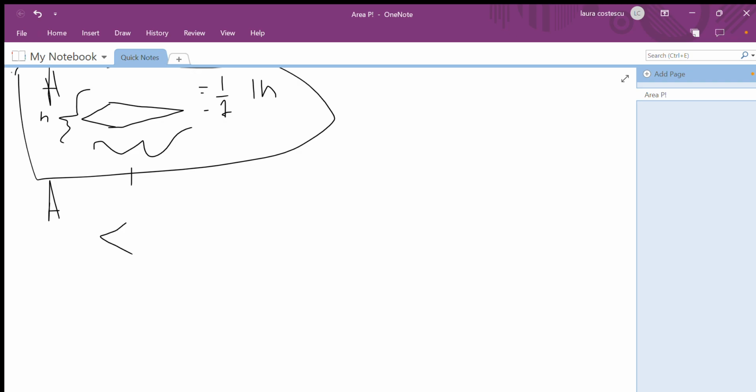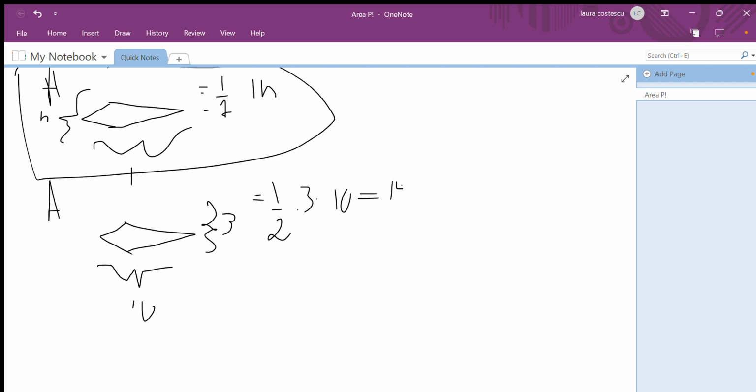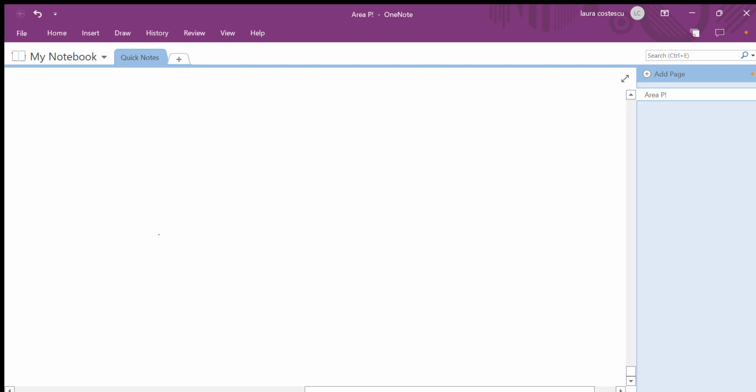So give me please the area of this kite here. Let's say its length is 10 centimeters long and its height is 3. How much will this equal to? If you need more time, pause the video. If you type this into the calculator, but I can do this in my head, this will equal 15. If you're asking me how to do this, I cancel this. Yeah, it's complicated.